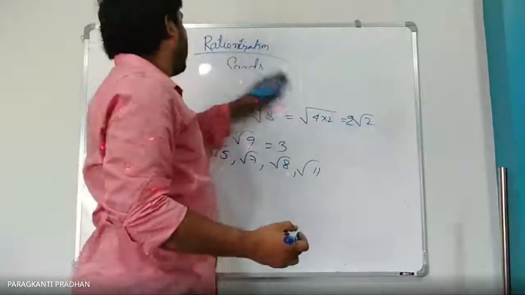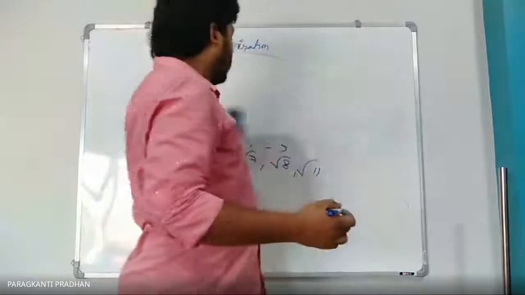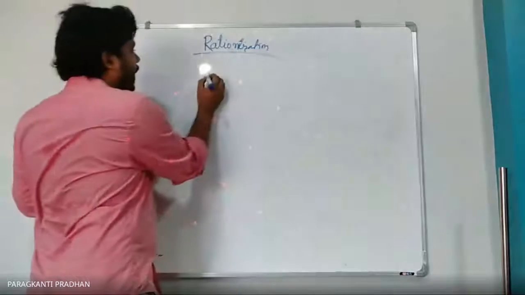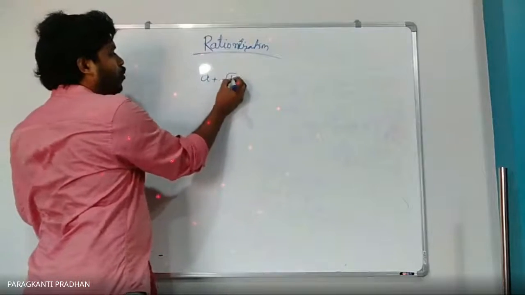Now I have written a standard surd, that is a plus root b.